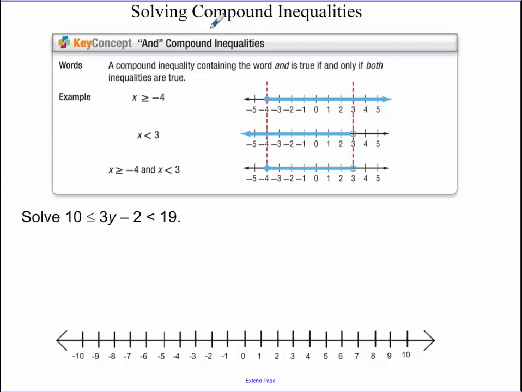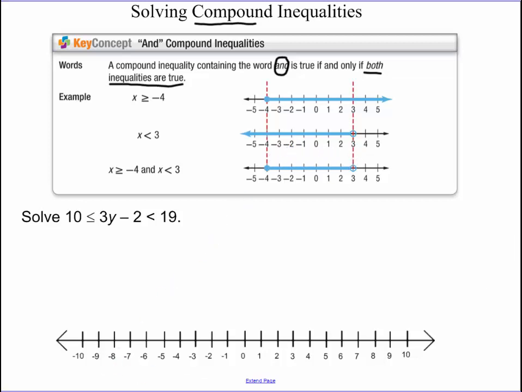Now we're going to talk about solving compound inequalities. Compound inequalities contain the word and. And means both of the inequalities are true. So x is greater than or equal to negative 4 and less than or equal to 3, which is everything in between.